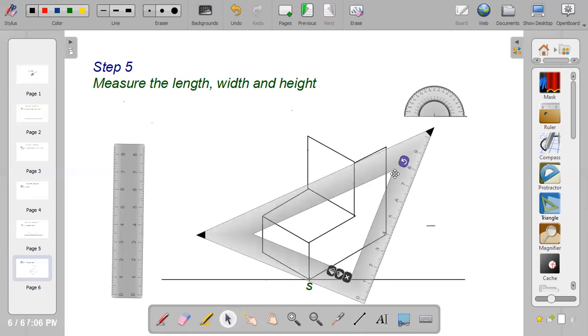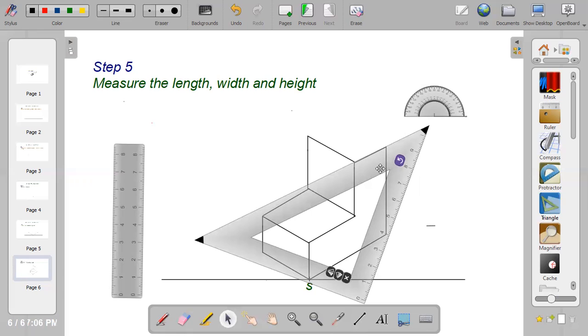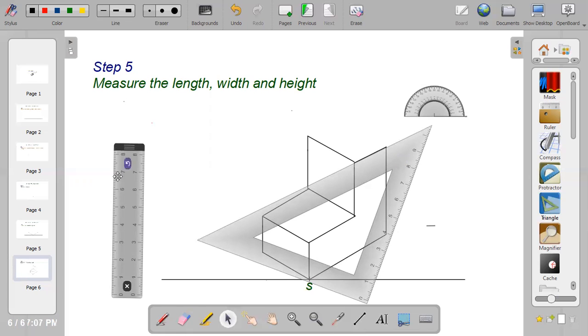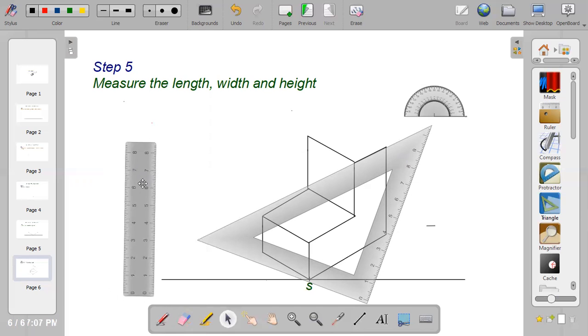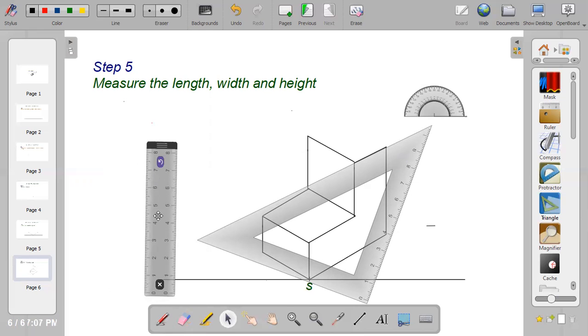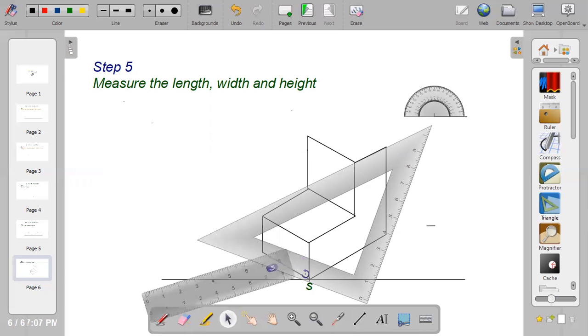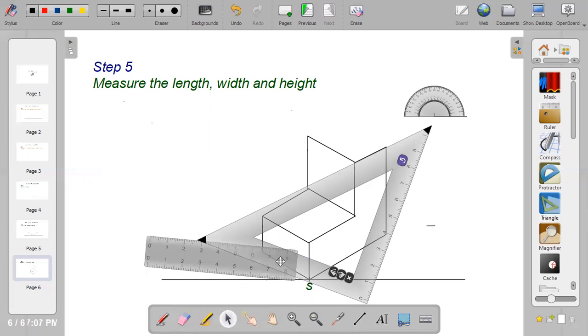So you make sure the set square touches the slant line perfectly well in order to be able to move the line. Then you place your ruler by the side of the set square to be able to move the set square without any error.